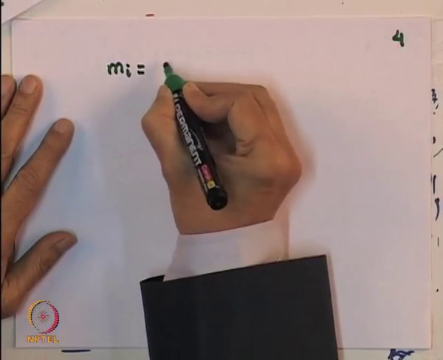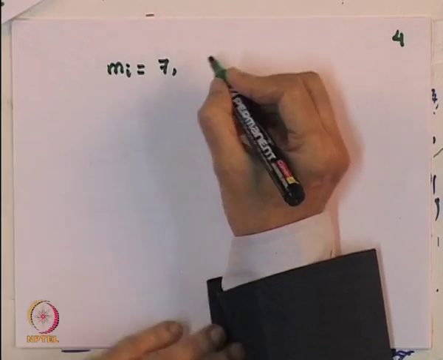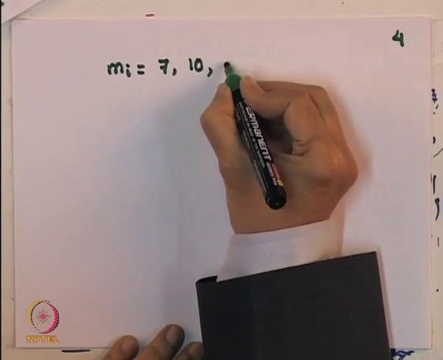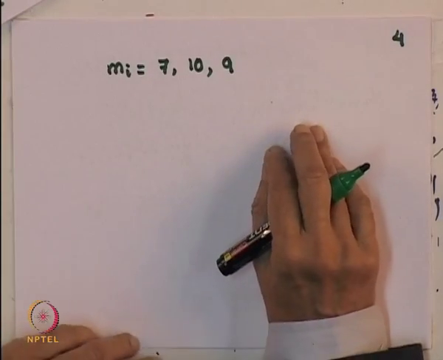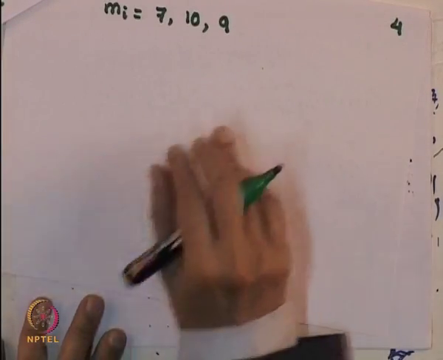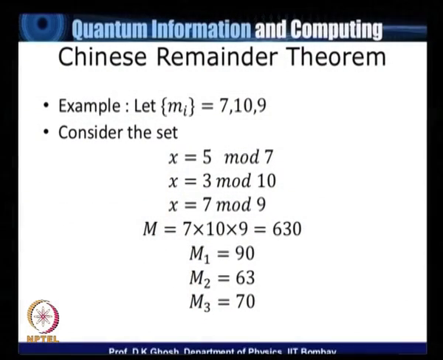Okay. Let my set mi be 7, 10 and 9. No common factors in mi's. Now look at this. I am looking at the following equation.